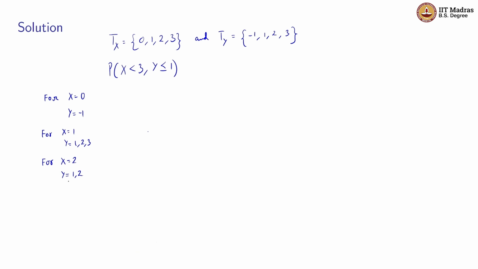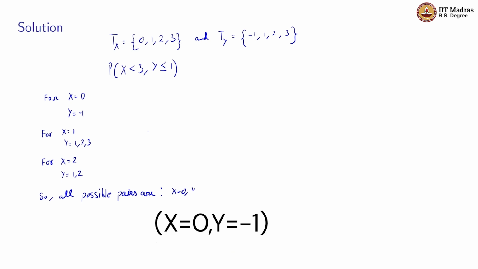So now all possible pairs are X equal to 0, Y equal to minus 1. This is one pair.